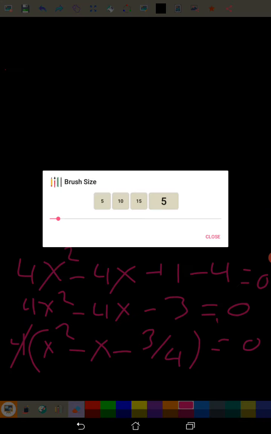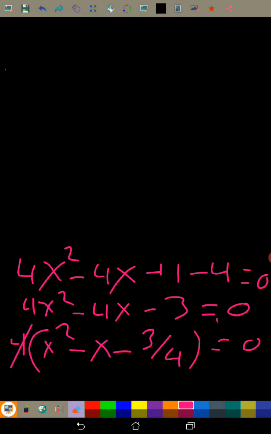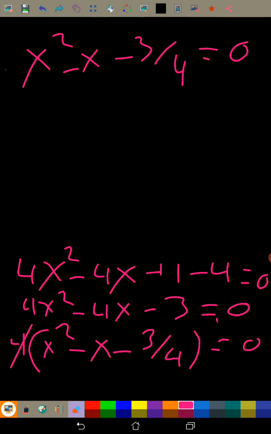This is fantastic. So we are left with x squared minus x minus 3 over 4 equals 0.